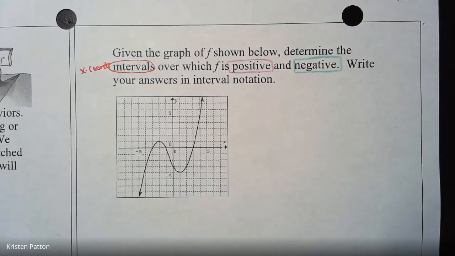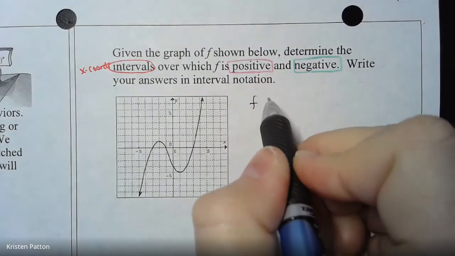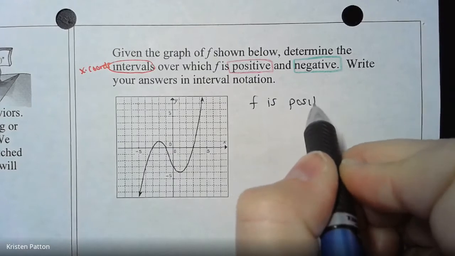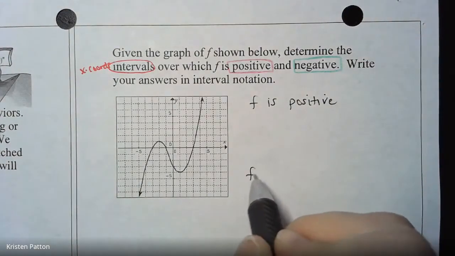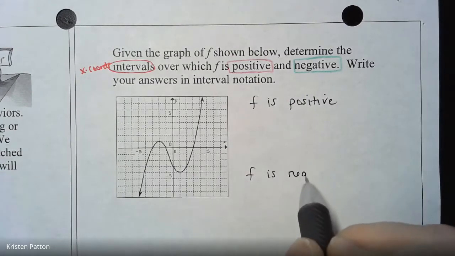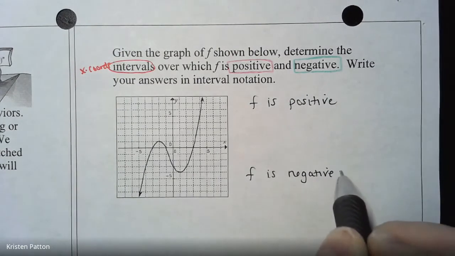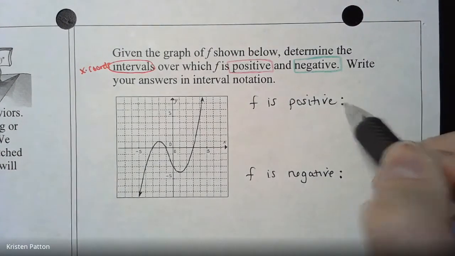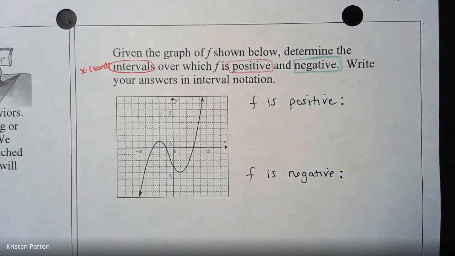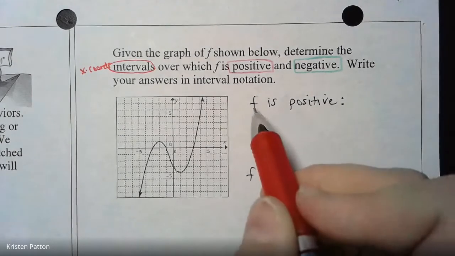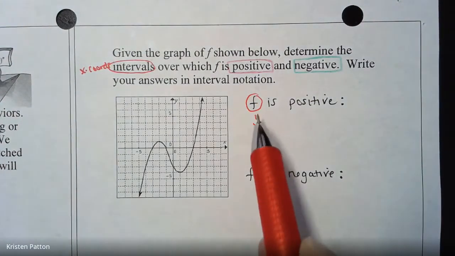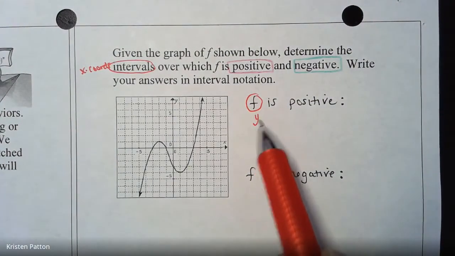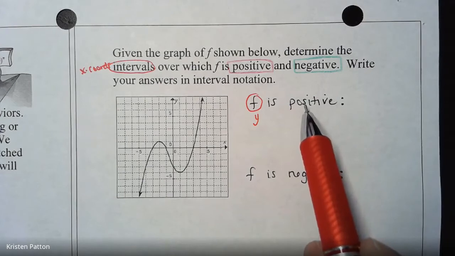So let's start by writing this down. I want to know where f is positive. And I want to know where f is negative. Well, let's step back for a moment. If f, remember f means y, right? So I'm basically saying where is y positive?